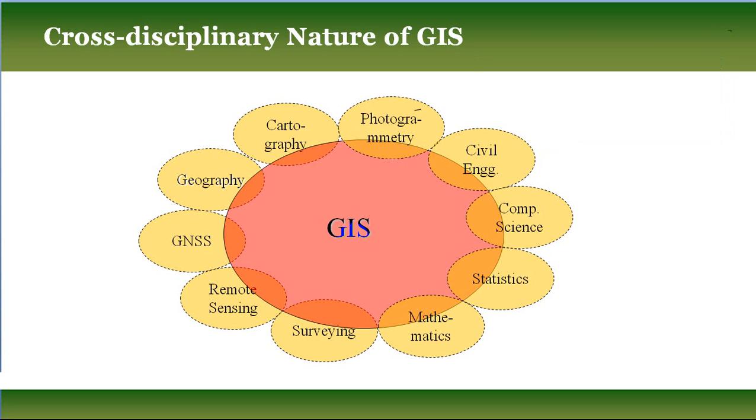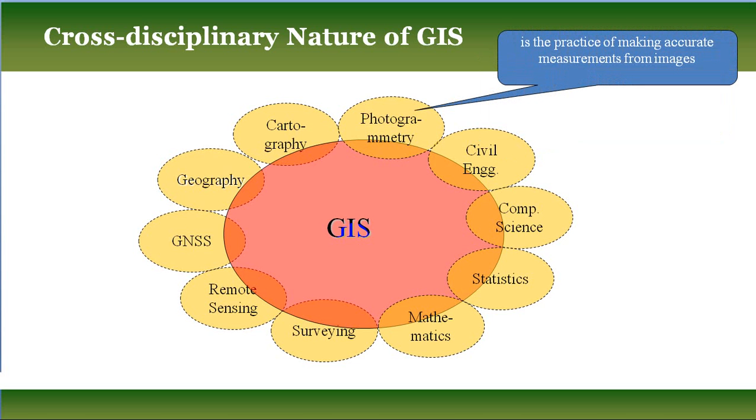And the final one is photogrammetry. It is the practice of making accurate measurements from images or aerial photographs, photographs captured from an aerial platform.